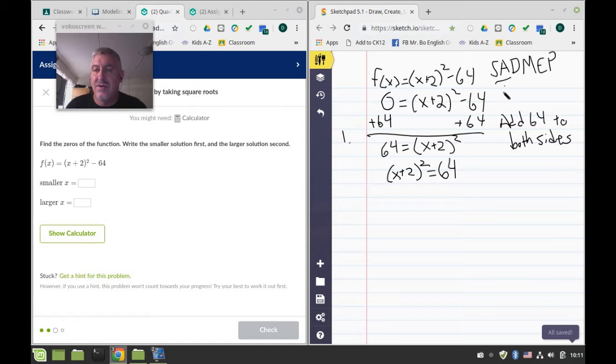Okay, so now going through multiply and divide, but I don't have any coefficient here, so I don't need to do that.